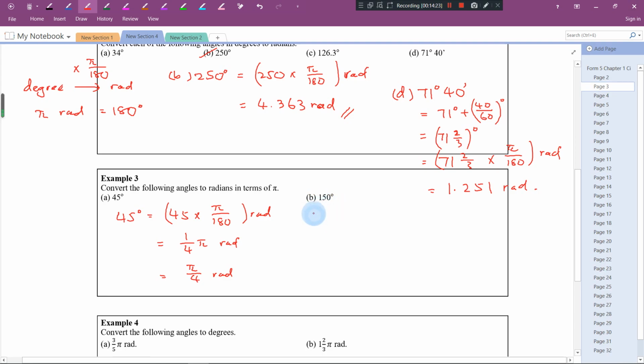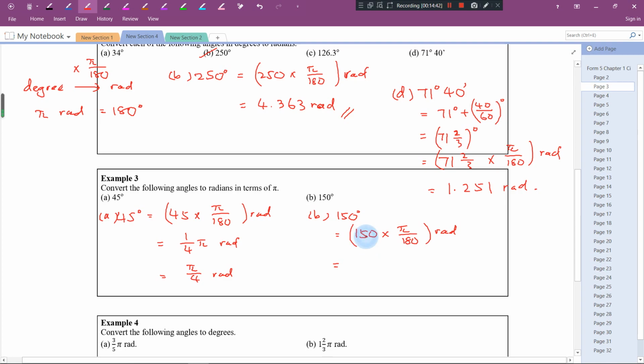Okay, let me show you. This is A, this is B, 150 degree. So I want to convert this to radian in terms of pi. Times pi over 180.